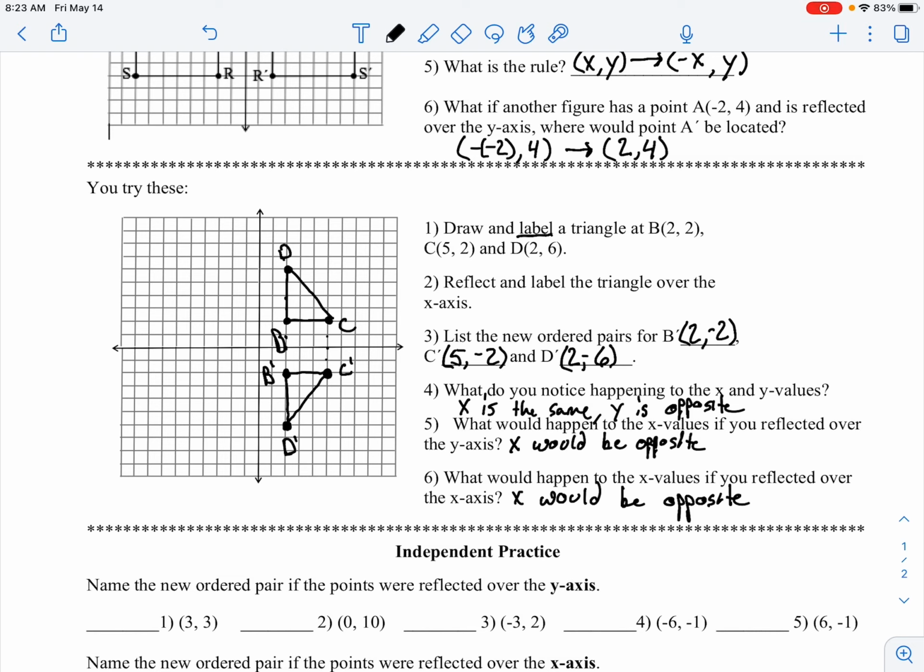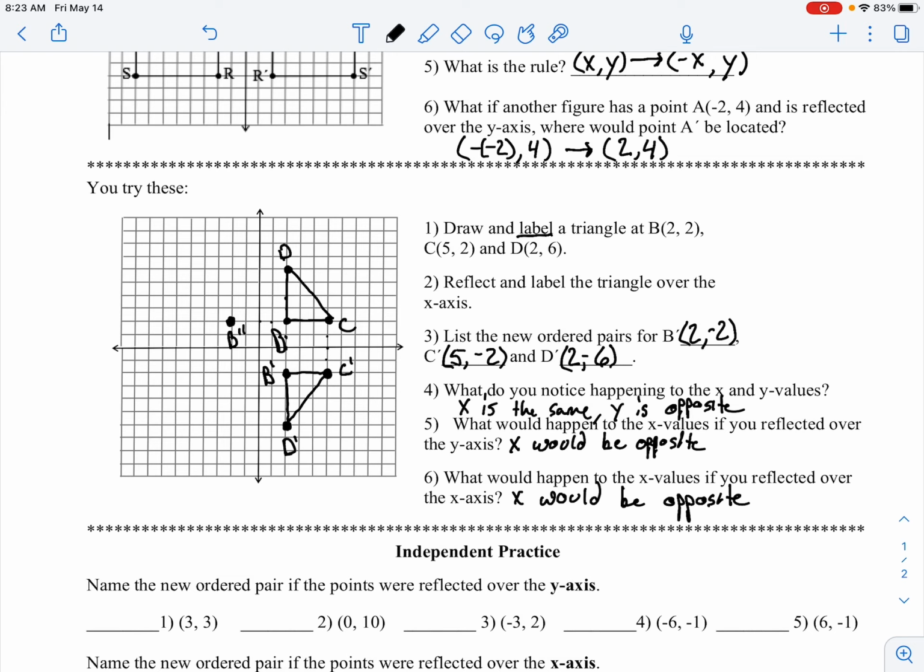So just as an example, let's say I'm moving B, C, D again, but over the y-axis. We'll call this double prime since I already have B prime. So if I was reflecting over the y-axis here, I would count 1, 2 for my B, and I keep going, 1, 2. So we're going to call this B double prime because I'm just showing you how we do this again.